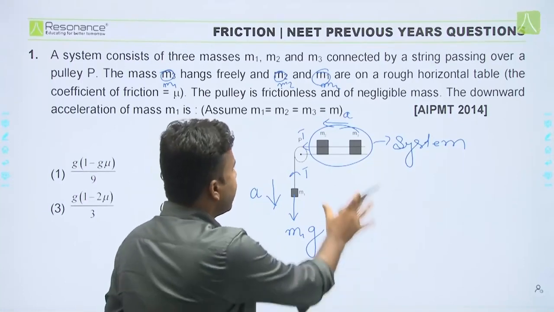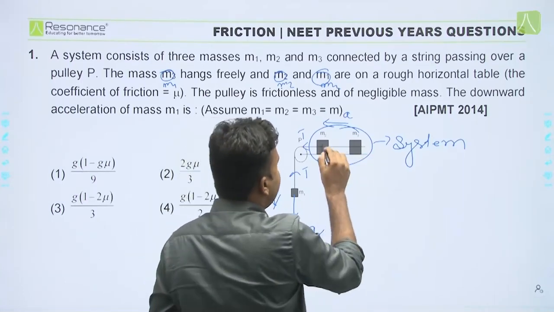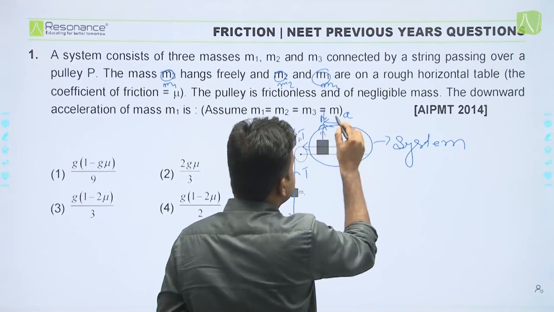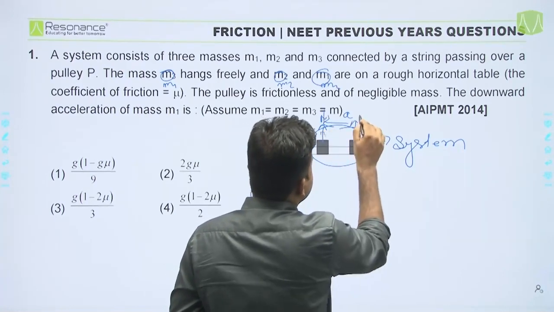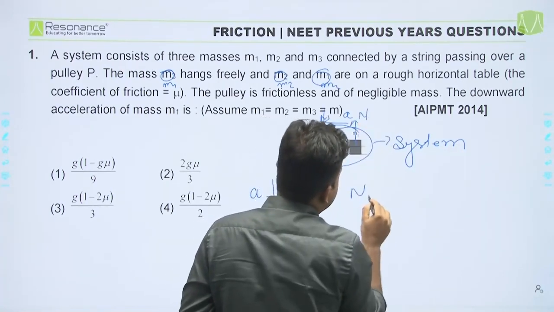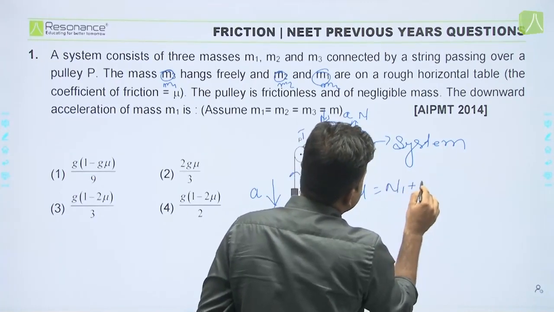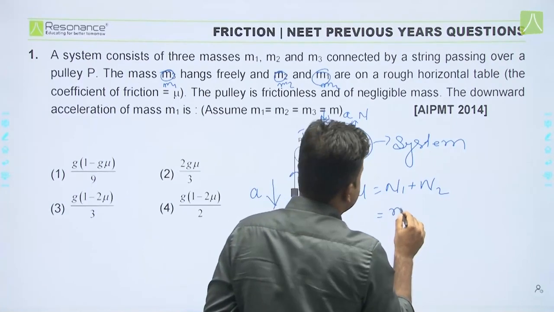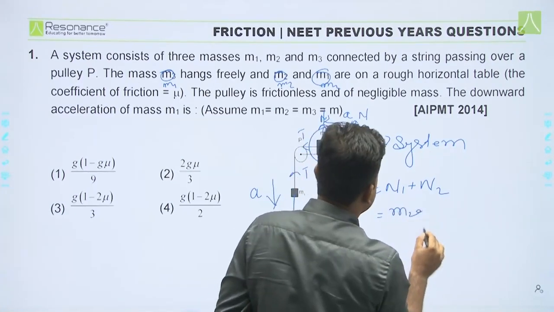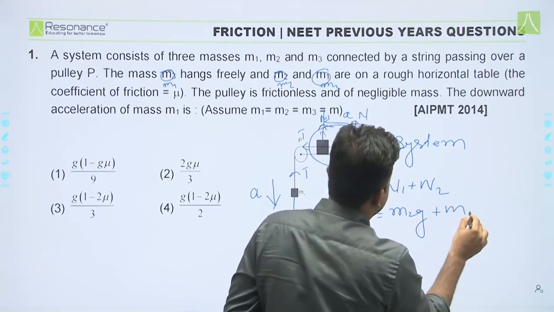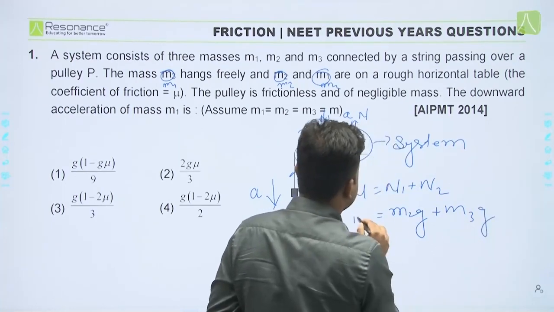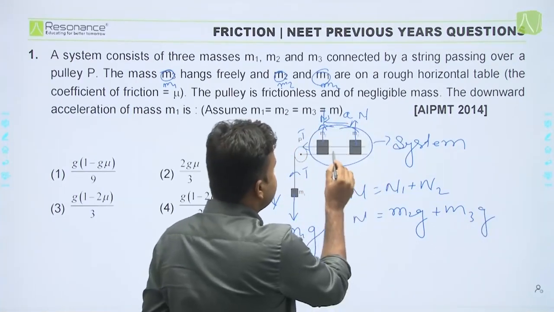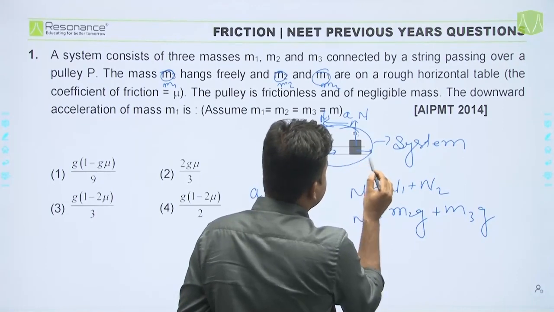Okay, now if you are considering this one in the system, the normal applied here, if I assume it is N1 and here it is N2, the total normal N equals N1 plus N2, which is M2G plus M3G. This is the normal force. It means both will experience the friction also.